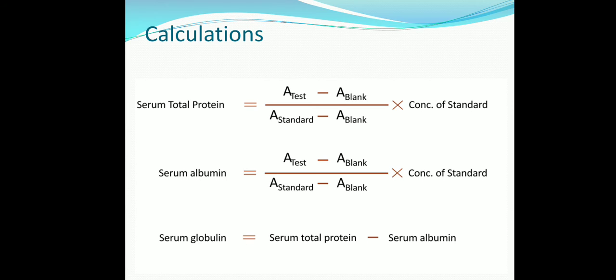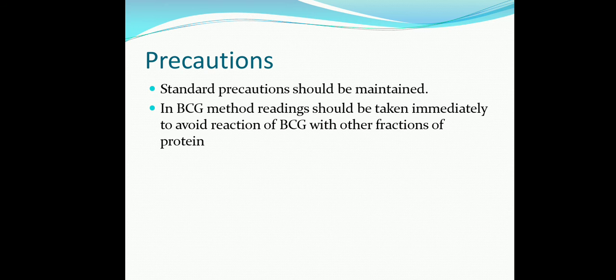And for serum globulin, serum globulin is given by serum total protein minus serum albumin. As precautions, standard precautions should be maintained. In the BCG method, readings should be taken immediately to avoid reaction of BCG with other fractions of protein.